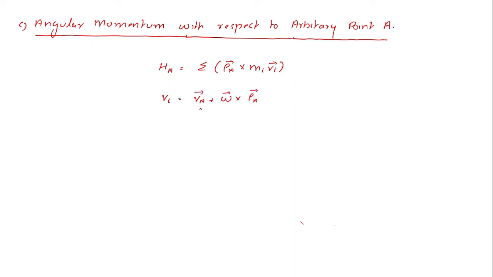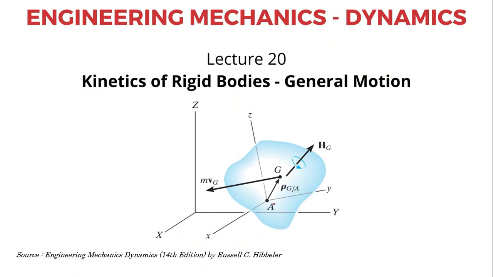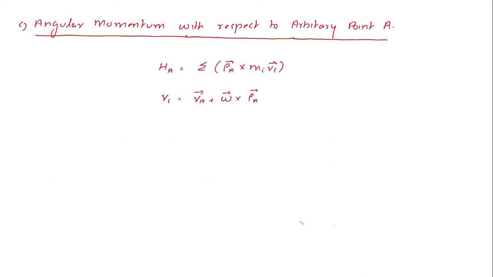Now for the arbitrary point, I can show you a figure here. You can see this is the arbitrary point. An arbitrary point is any point; it is not the mass center but any other point. I have attached the secondary reference frame small xyz to the point A and it is embedded within the rigid body.